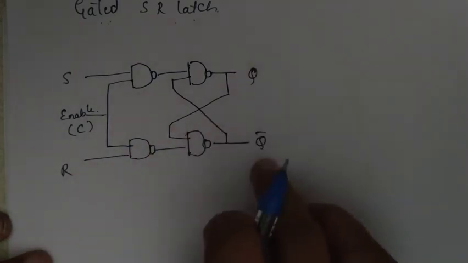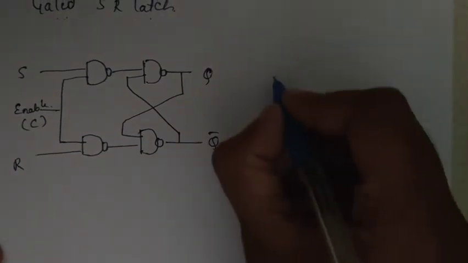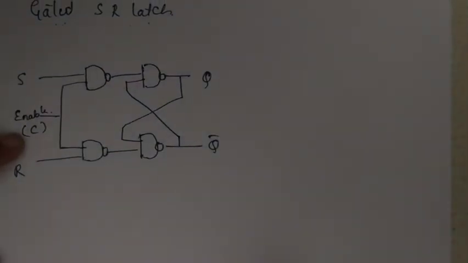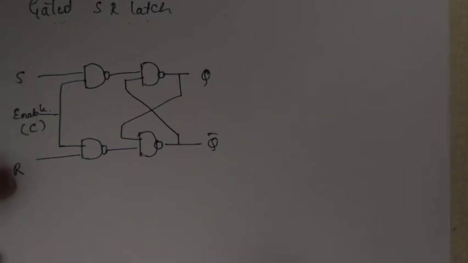So when enable, C, is equal to 1, it behaves like an SR latch. If it is 0, whatever was there in the previous value will repeat.